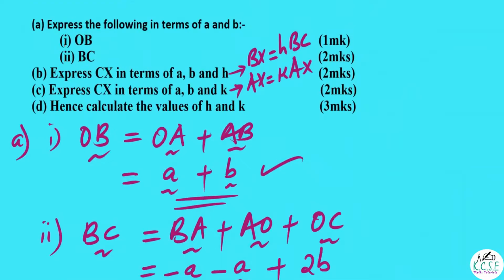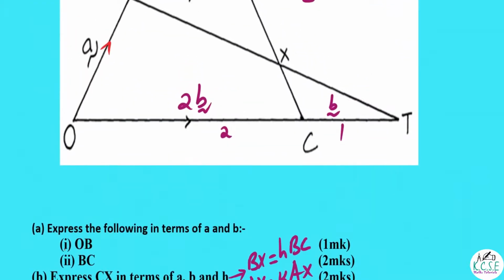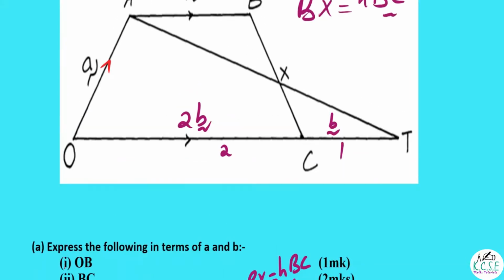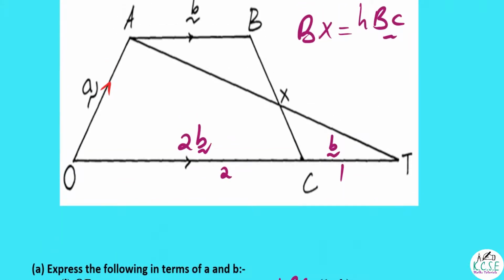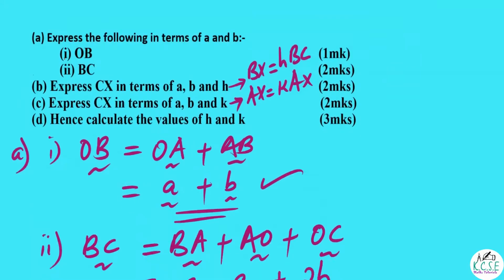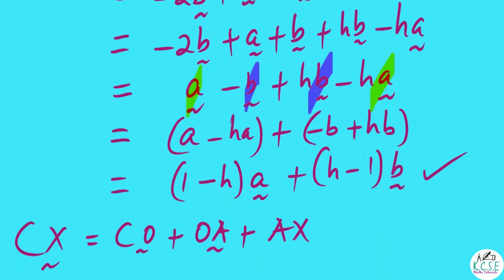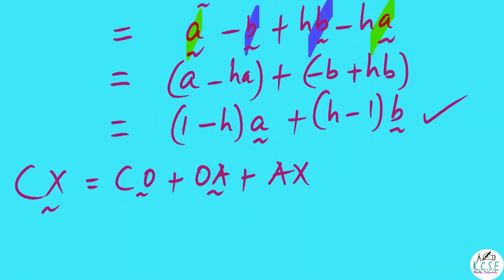CO plus OA plus AX. That is the second expression. So let us continue.